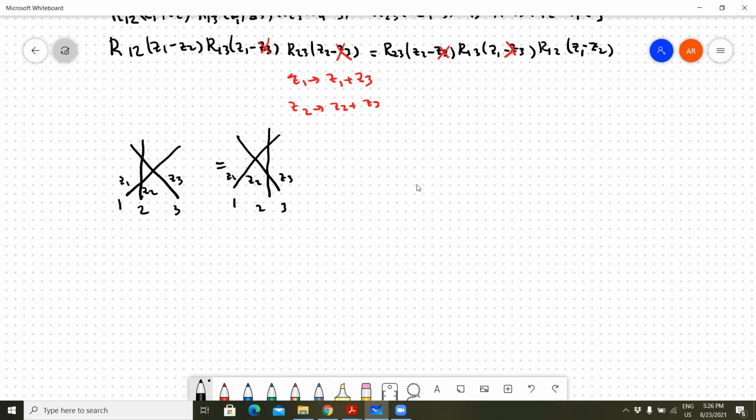I still wrote here, we can put a 0, because now I eliminated the Z3 already. But every time you have the lines crossing, this is basically the statement that you can move these lines through each other and you have the same result.